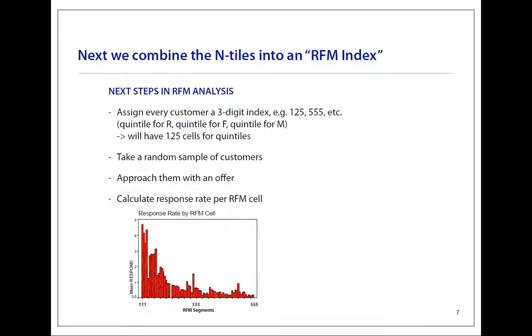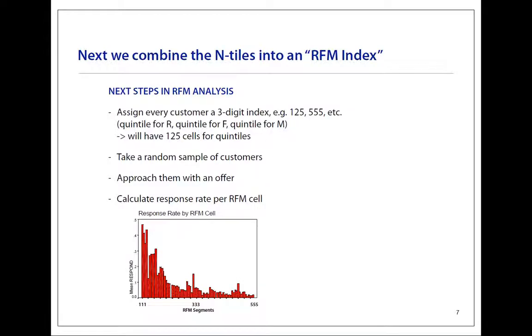Then using this random sample, we can assess for each segment what the approximated response rate for this particular offer is. For example, for the group 1 to 5 in this random sample, we see there are 100 customers belonging to 1 to 5, and 5 of them responded to this offer.